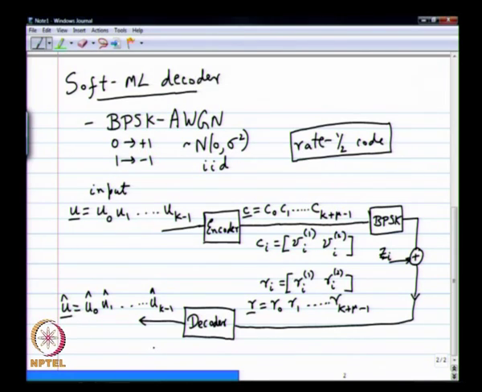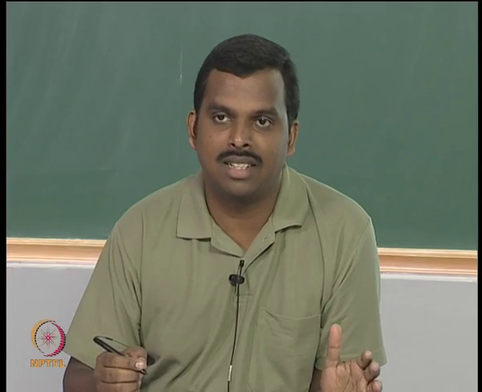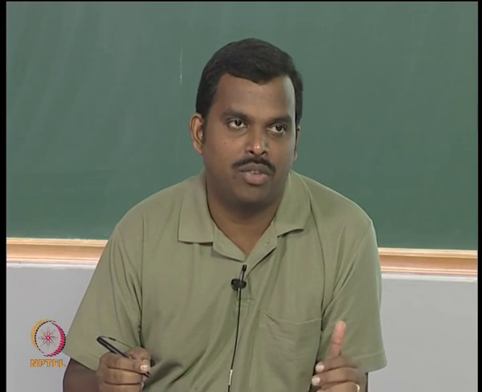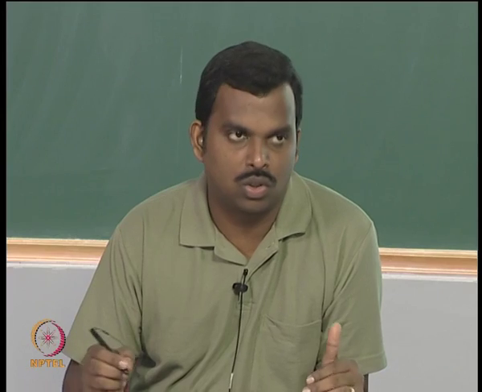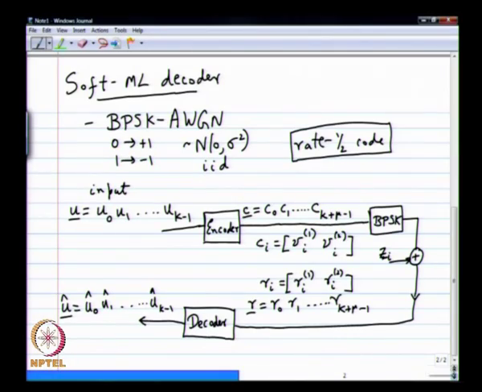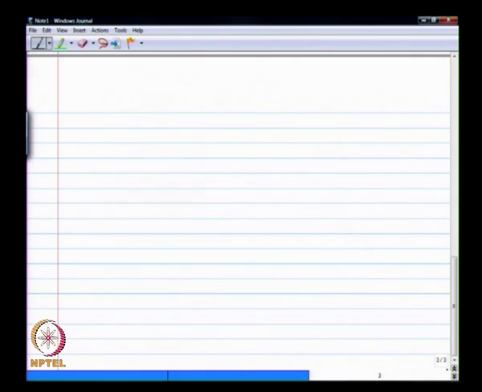So when you are doing soft ML decoding, it's very clear what you have to do, right? In BPSK AWGN, you have to find that code word which is closest in a certain distance. What distance? The Euclidean distance. So you have to compute that and find the closest. The task is pretty clear, and we can write that down without too much effort.